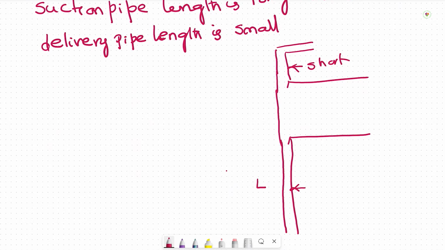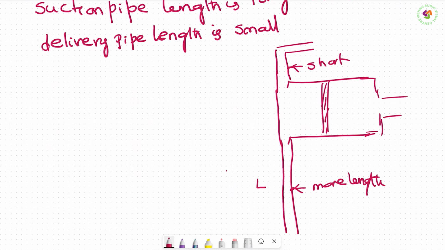And this is of course the piston. I'm not drawing the whole figure for understanding's sake.